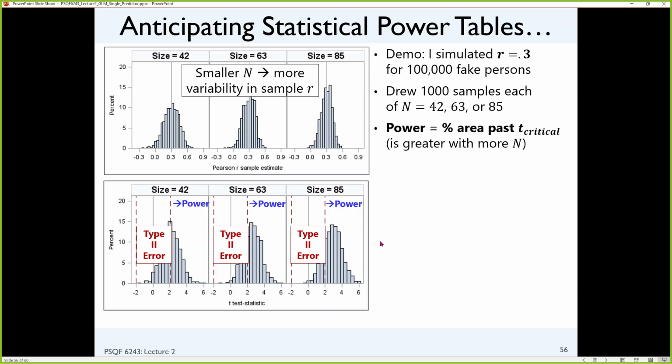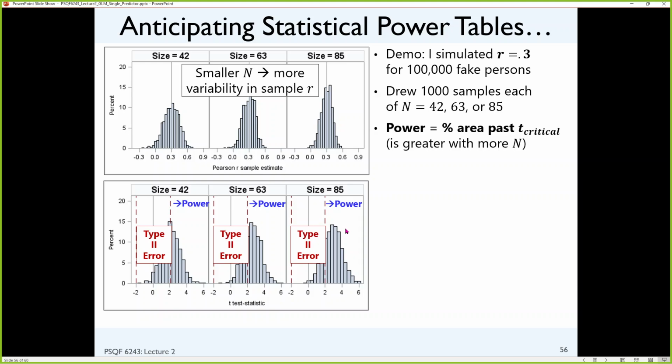So now we can talk about this in terms of power. How often would we conclude that there is a significant correlation in each of these samples? So I drew on here some benchmarks. Right here at the 2 is the goalpost, okay? The t-test statistic that you would have to cross to be declaring your correlation as significant.